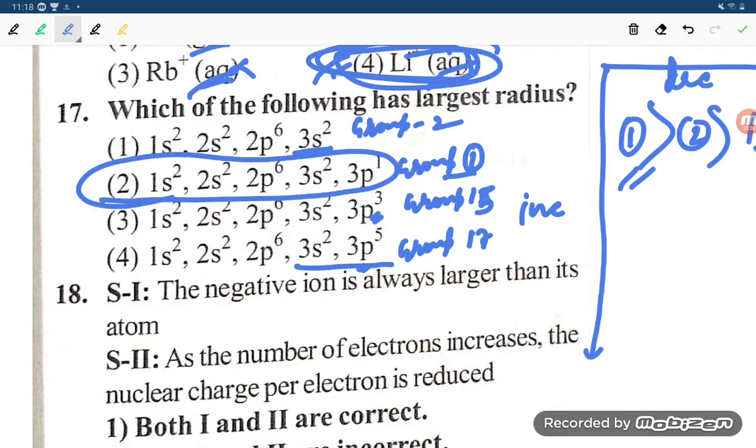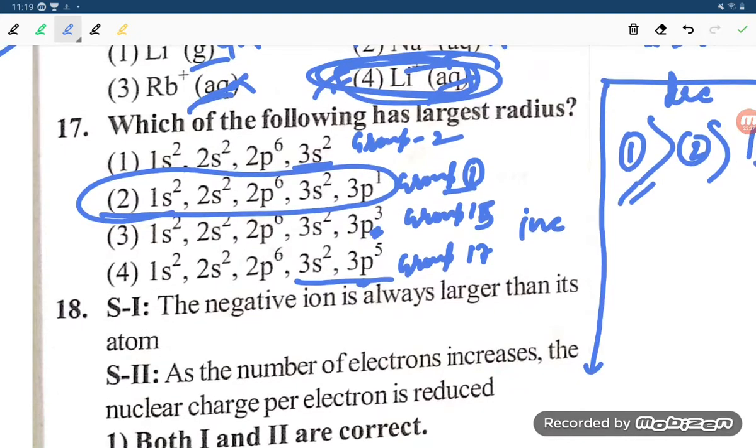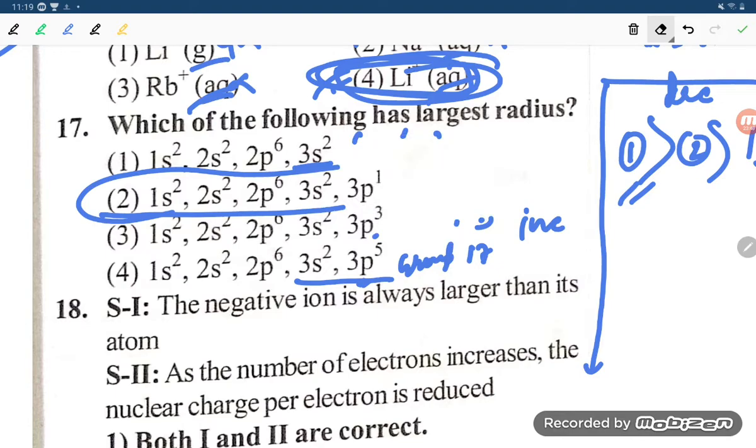Next, question number 17, I am sorry student, this is not correct. This is 3p1, which means group number 13, with 3 electrons.